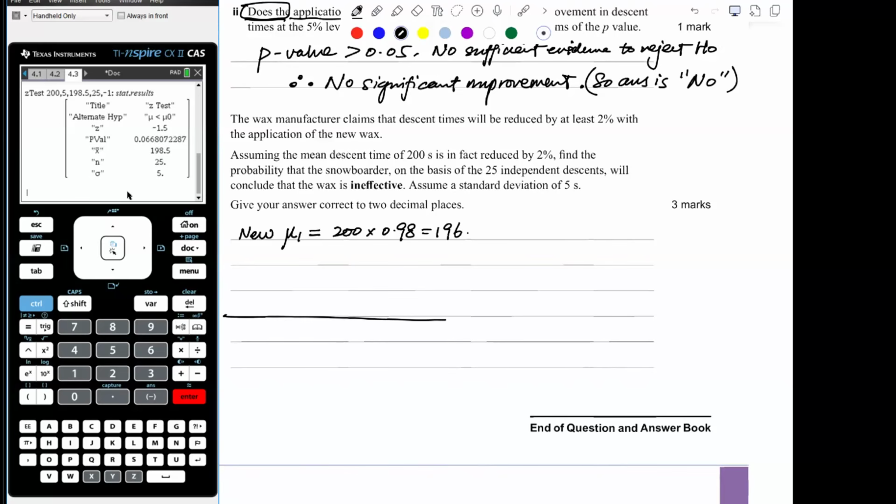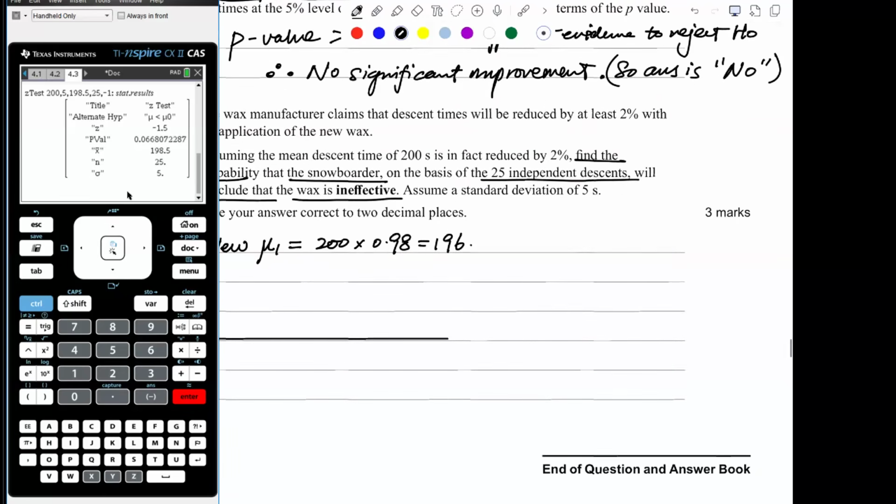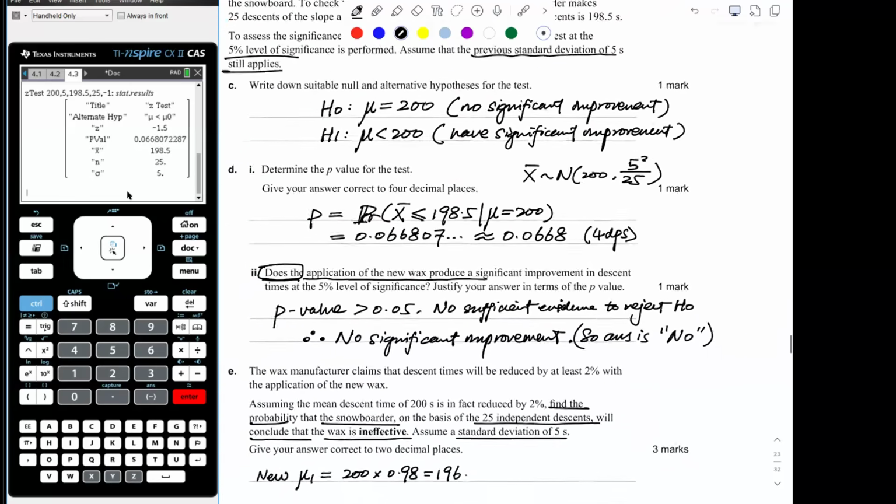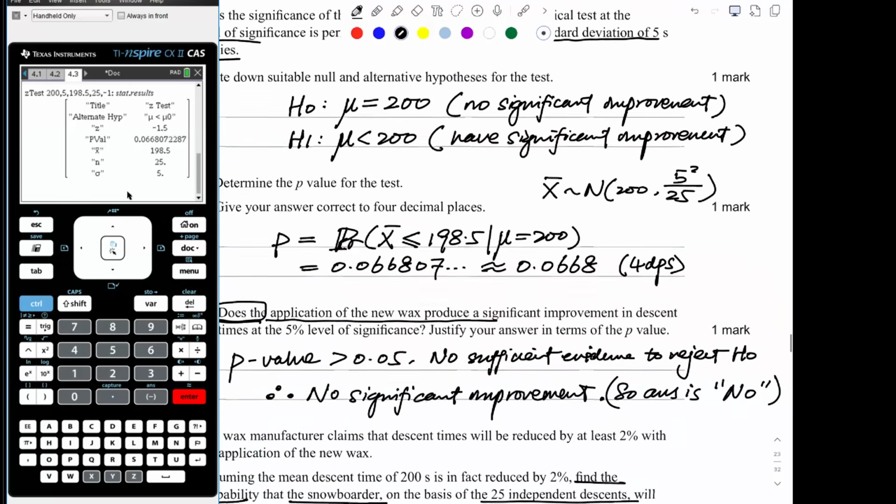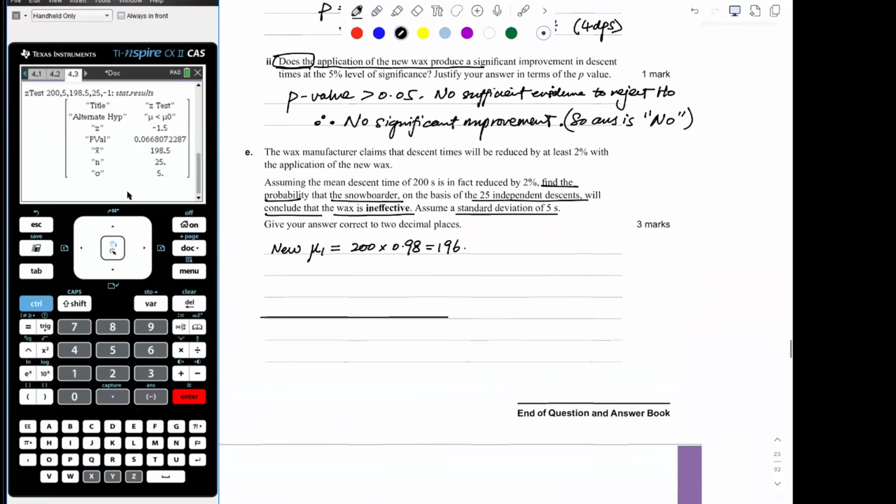What the question is asking for, find the probability that the snowboarder on the basis of the 25 independent descents will conclude that the wax is ineffective. So we say, all right, assume a standard deviation of 5 seconds. This is arriving at don't reject H naught, but based on an incorrect side, okay?